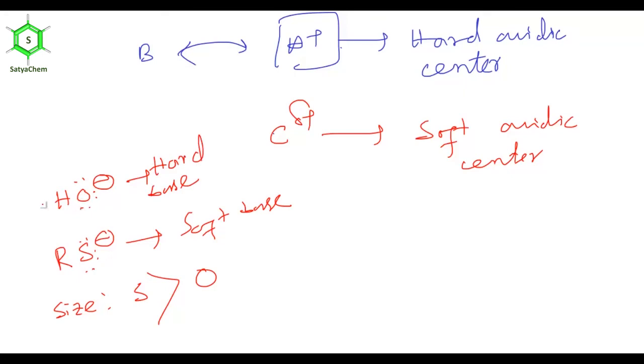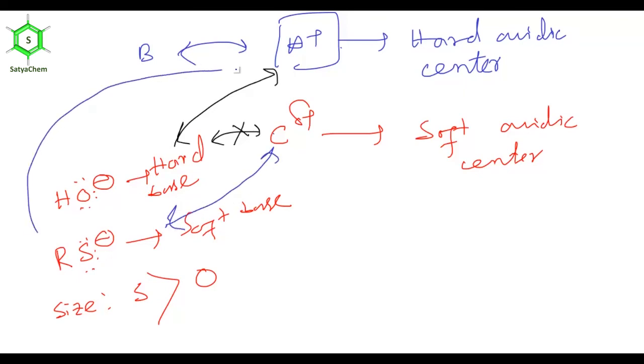And always in chemistry, soft acid prefers soft base, and hard acid prefers hard base. So that is why this interaction is preferred, not this interaction. Similarly, this interaction is preferred, but not this interaction. Hard-soft is not preferred, soft-soft is preferred.